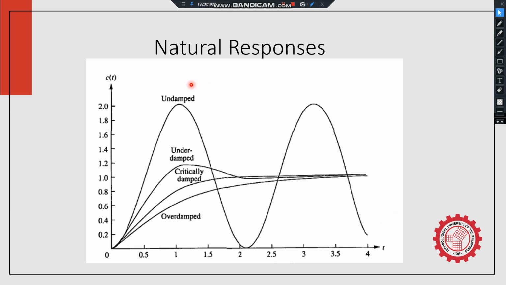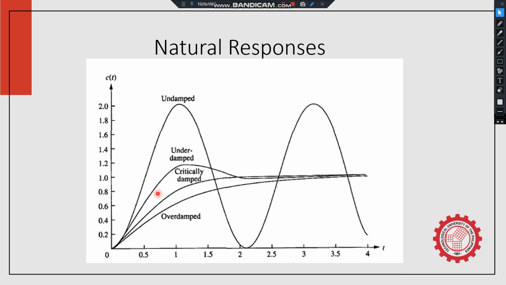All in all, they were drawn in a single graph for comparison. So we have here the critically damped, this one, and as compared to this critically damped, the overdamped is somewhere below the critically damped, and the underdamped is above the critically damped.